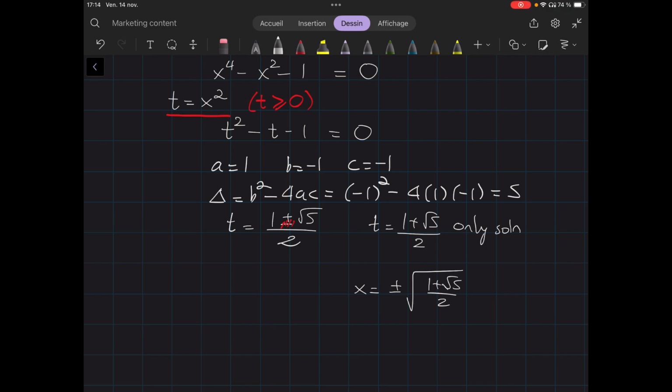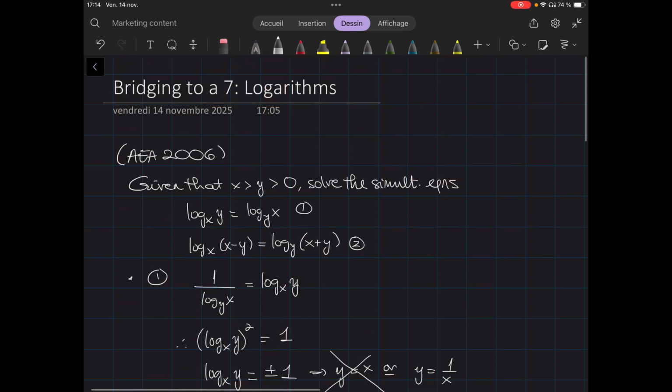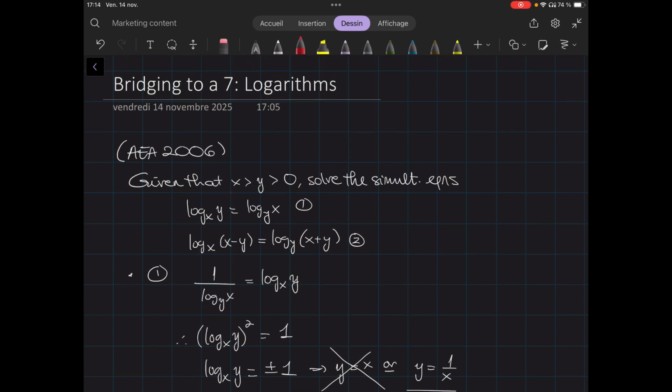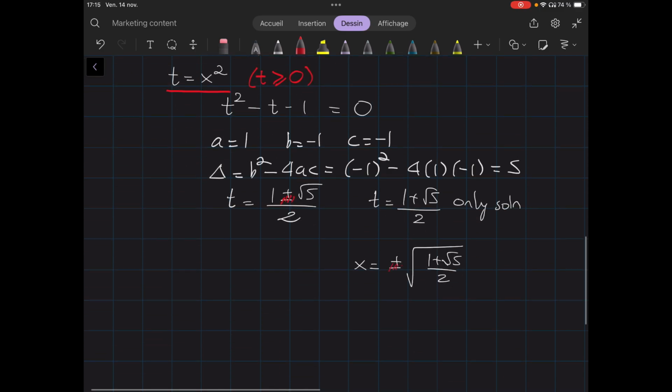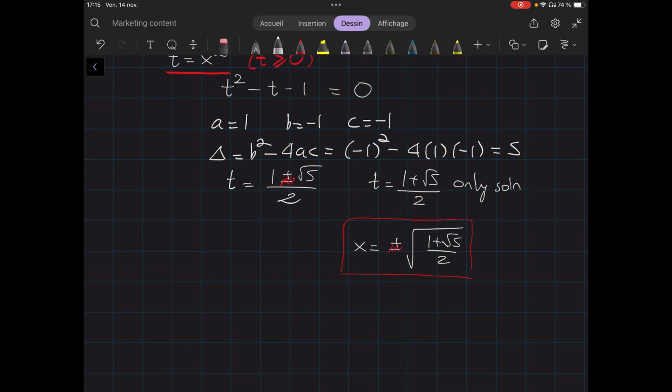But once again, pay attention to the domain. You're given that x is greater than y and greater than 0. So once again, we cannot accept the negative root. So this is our only solution, and we have to find the corresponding value of y.